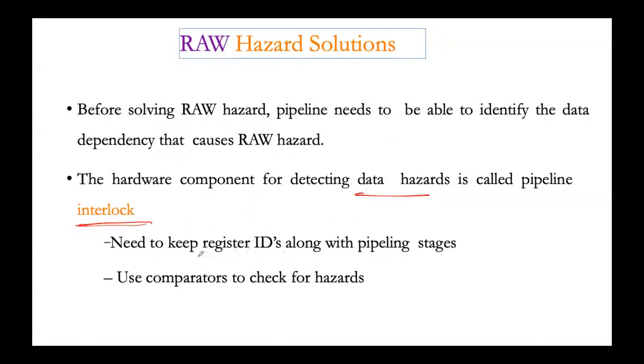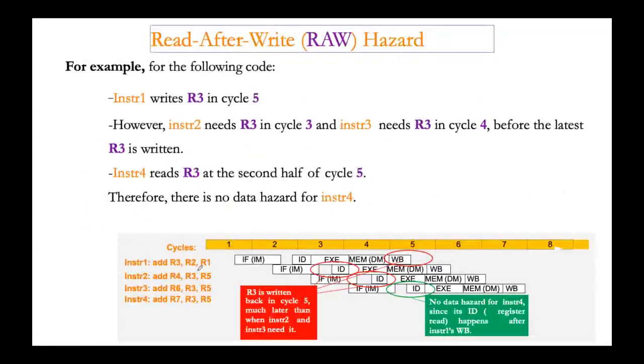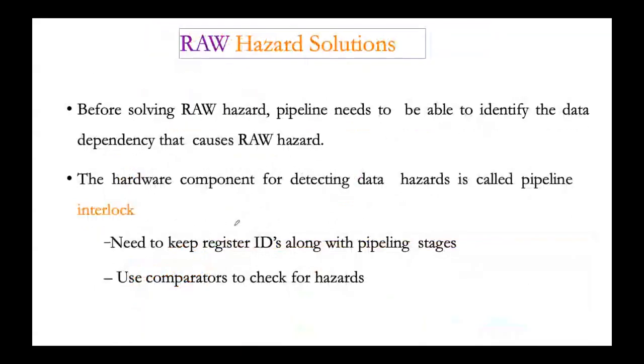In this pipeline interlock, it needs to keep the register ID. In our example, it depends on R3. It needs to keep the register ID along with the pipeline stage. This register ID is going to be written back in the write back stage, and it uses a comparator to check for the hazards.